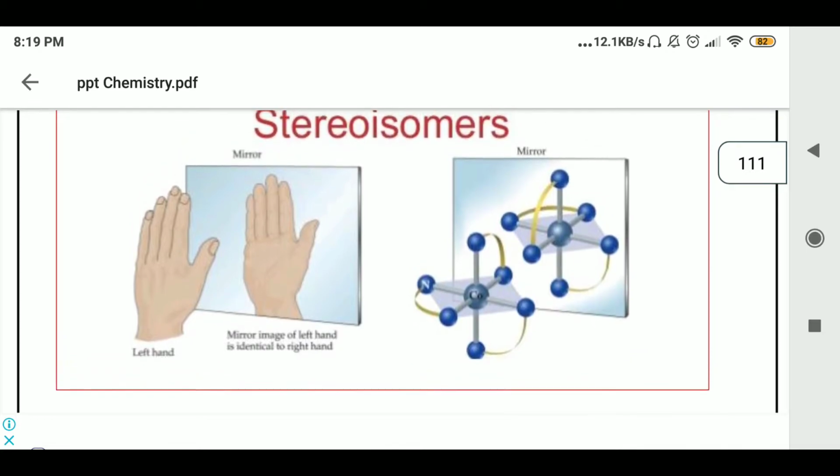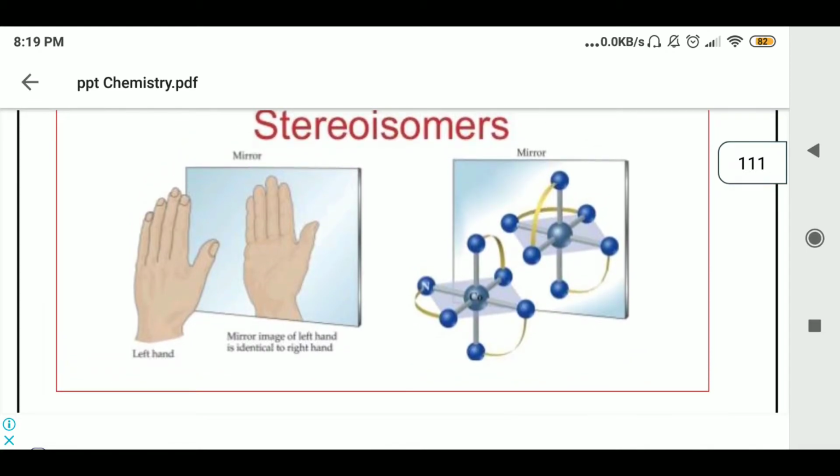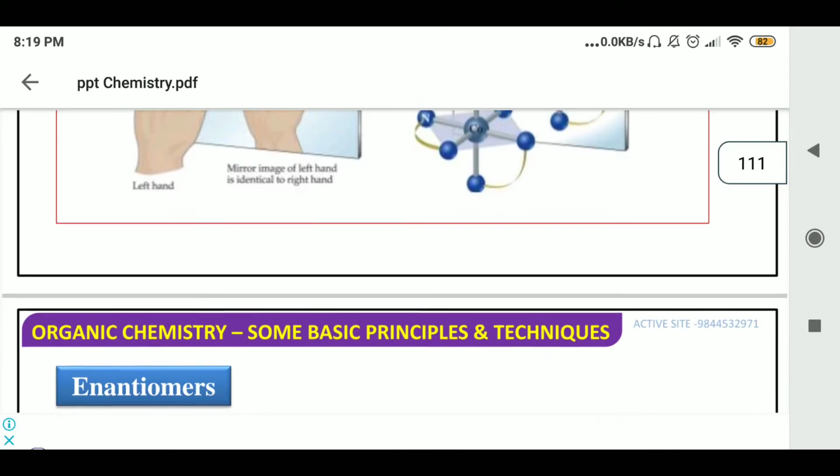Here you can see I have shown an example of stereoisomers. Like if we show your left hand, there will be a mirror image that cannot be superimposed on it. Similarly, here you can see I have shown a molecule, cobalt with 5 different ligands, and it is also a mirror image of each other.